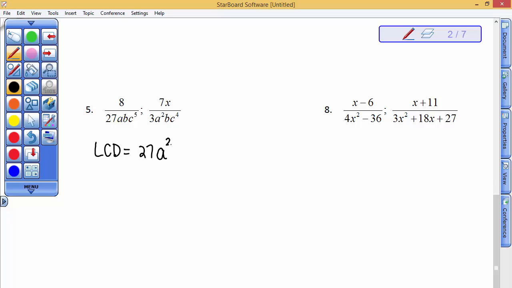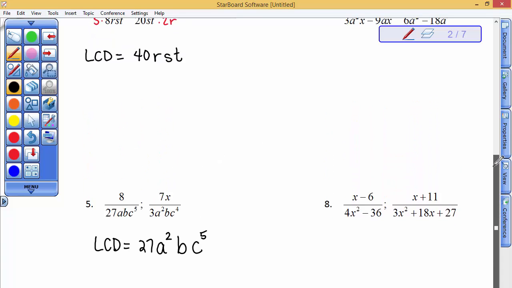A to the second power right here. How about the B's? They equally occur, just B to the first. What's the greatest number of times the C's occur? C to the 4 or C to the 5th? Oh yes, C to the 5th. That's the common denominator. I'm going to have to build these both up to become 27a squared b C to the 5th in order to add or subtract these.